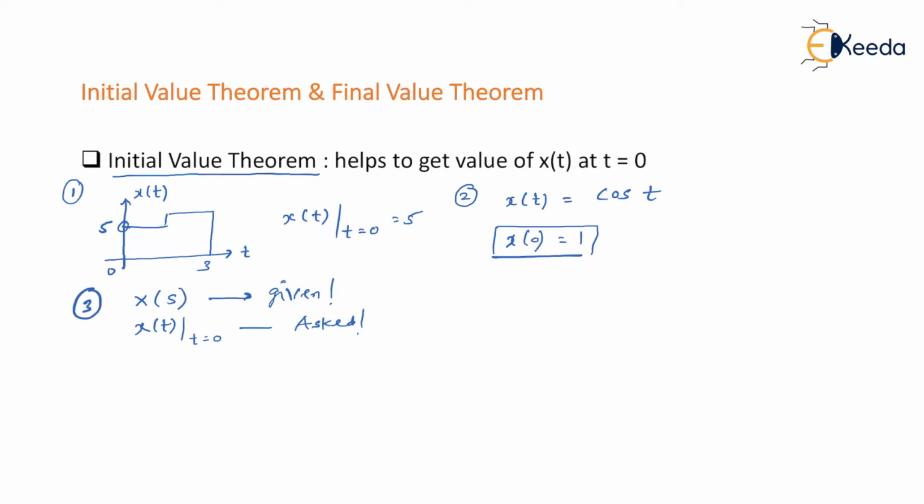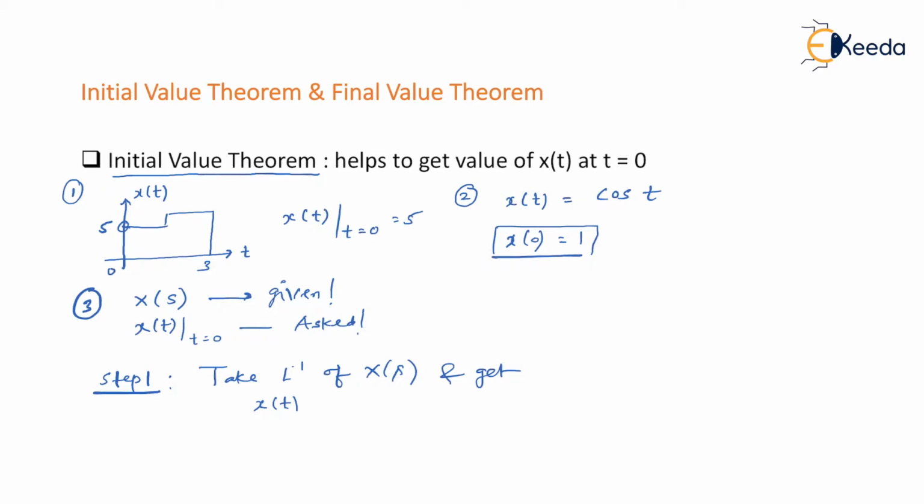Then I'll tell you the traditional approach. What is given to you is X(s). Step number 1, take the inverse Laplace of X(s) and get x(t). But sometimes taking the inverse Laplace of X(s) is not that easy, because most of the time the X(s) given is not in the standard form.